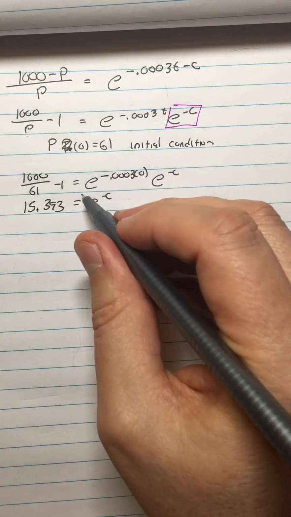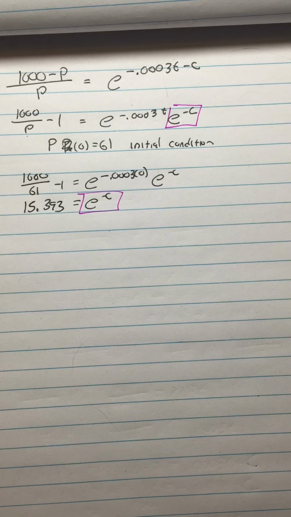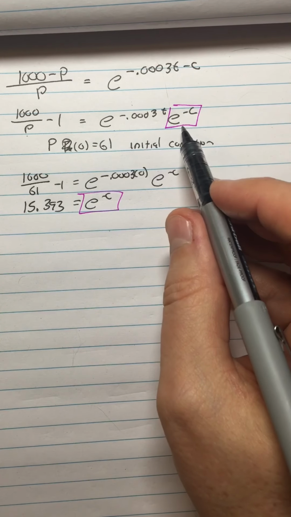We could call this a different value. We could call it k or something, or r, whatever. We could call it a different variable, but in this case, we just solve for e to the negative c as it is.